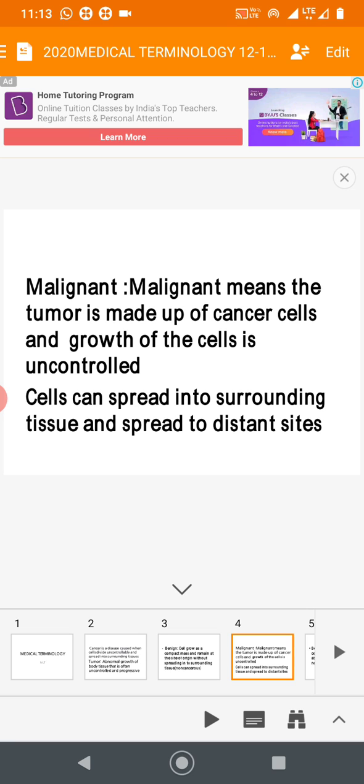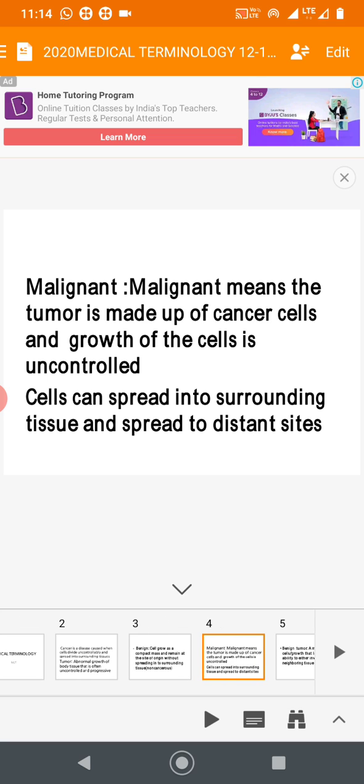There is no control, and because of that much body ATP is utilized, the growth of the cell is uncontrolled and it spreads to other tissue and parts. So we call it metastasis. So a malignant tumor is always metastatic. It infiltrates into other parts. Okay, it can easily spread. Cells can spread into surrounding tissue and into distant sites.